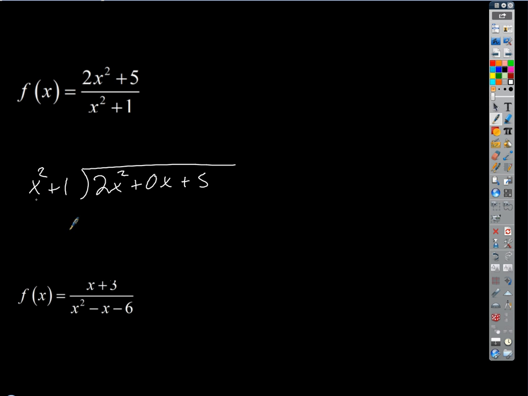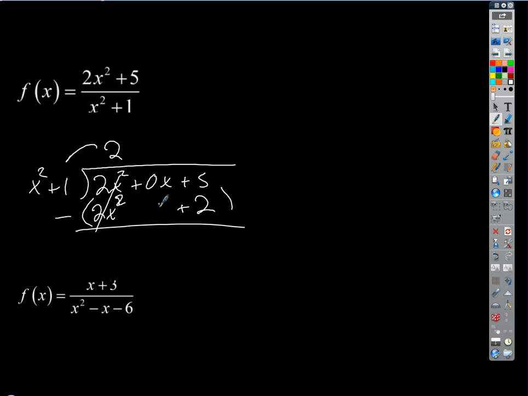So x squared divides into 2x squared how many times? 2. Okay, so then I'm going to distribute that through, right? I'm going to get 2x squared plus 2, and I'm going to subtract that away. What do I get?